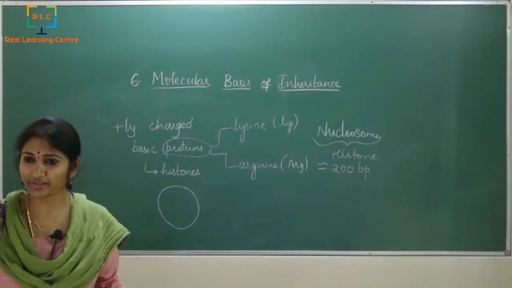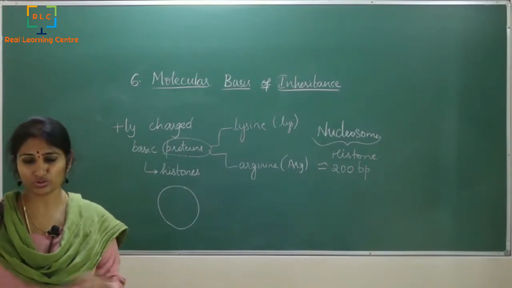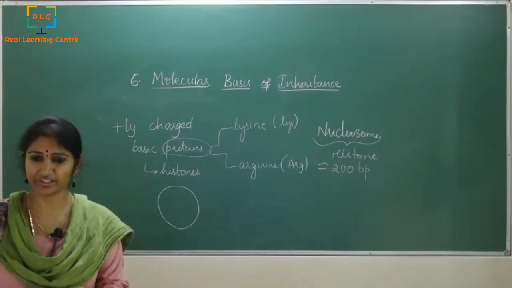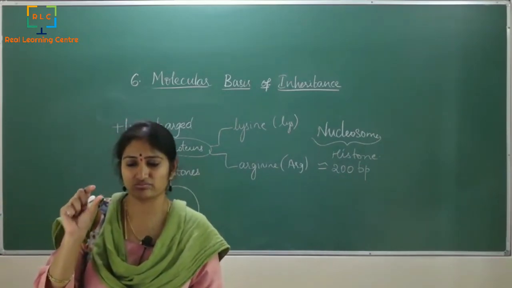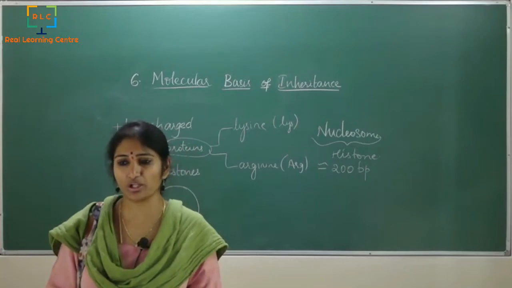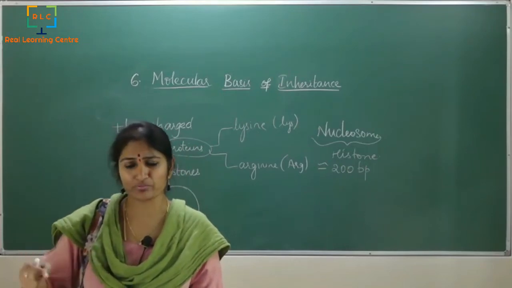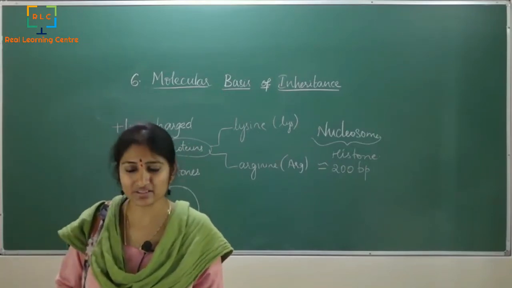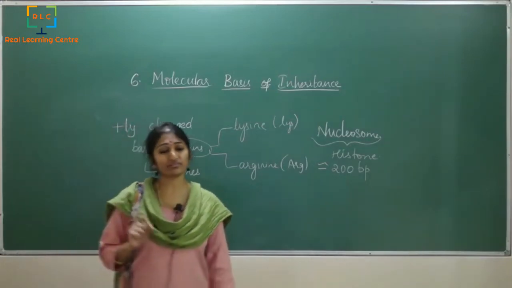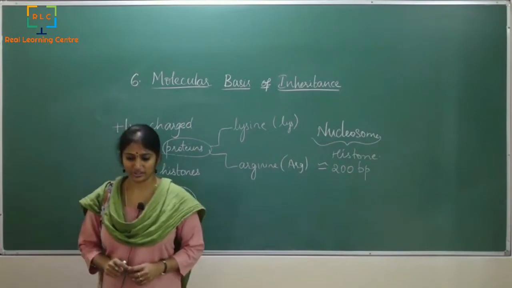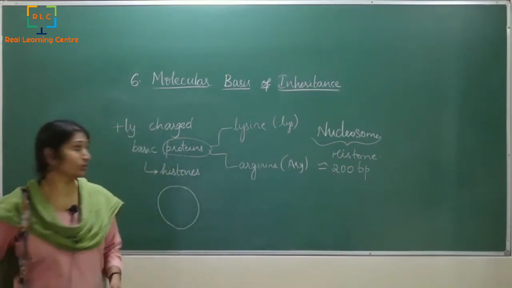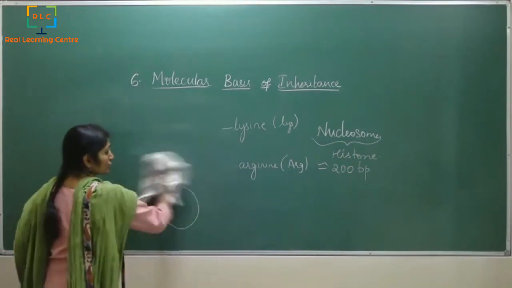Now this chromatin, which is bound to histone molecules, would wind again, coil up, such that their length becomes very, very small, and it becomes so small and so condensed during the metaphase stage of the cell. And at this point in the metaphase stage of the cell, we call them the chromosomes.